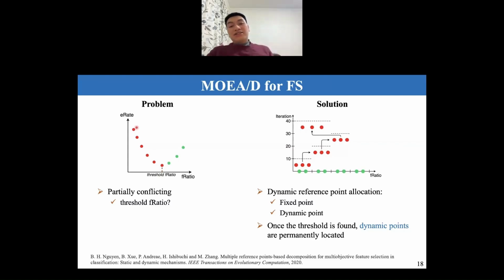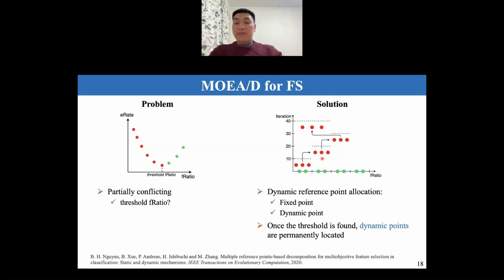So I apply the same idea as the previous one with reference points, but now I want to allocate the reference points along different intervals. For every certain number of iterations, I compare the solutions between the intervals, and that tells me in which interval the two objectives are not conflicting anymore.